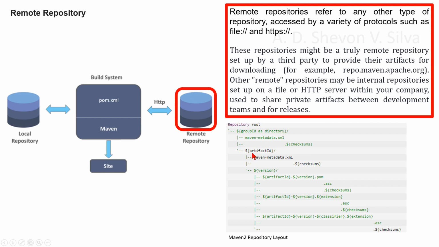Here $ sign after artifact ID is the artifact ID. The version is the version with some additional possibilities on a snapshot.